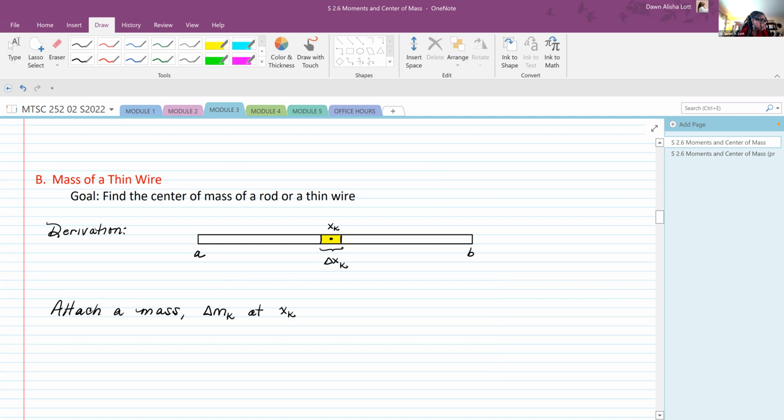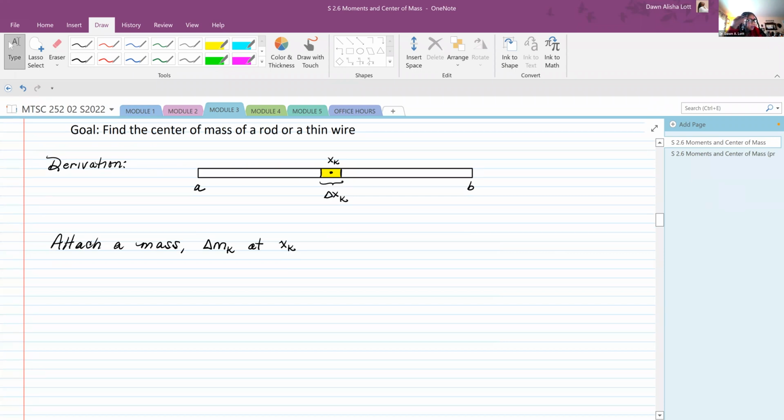So now I have a mass there. There's some mass mk at this location xk. And I know that x bar is the system moment divided by the system mass.